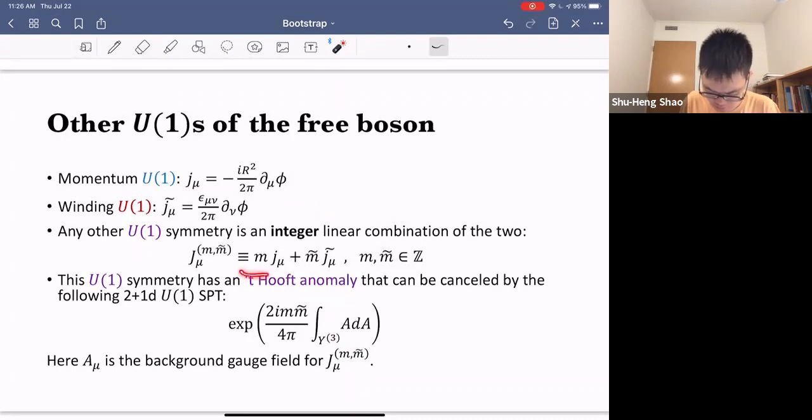Any other U1 is an integer linear combination of the two. A general integer combination, let me call it the purple U1, will have a 't Hooft anomaly by itself, captured by this Chern-Simons SPT. Now this A is the background gauge field for the purple U1, and the coefficient is slightly modified.